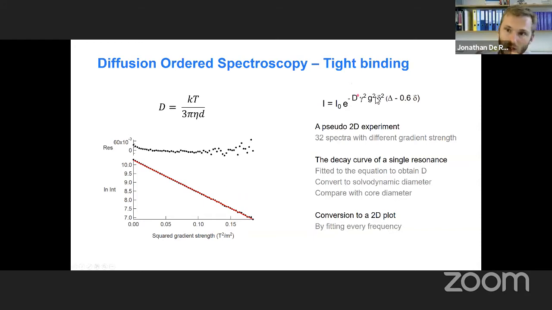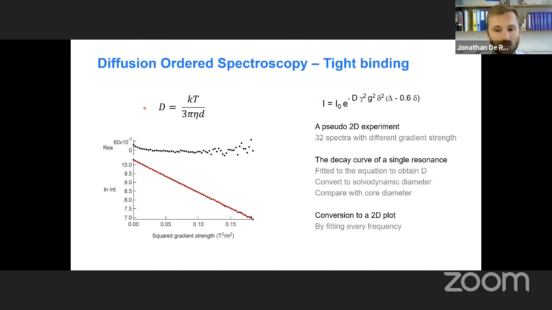And all the variables in this equation are known except for the diffusion coefficient. So if we fit that data, this is the red, we get the diffusion coefficient. And then there is the Stokes-Einstein equation, it's this one here, which is relating the diffusion coefficient to the hydrodynamic size, or the solvodynamic size in another solvent than water, the solvodynamic diameter of your object.